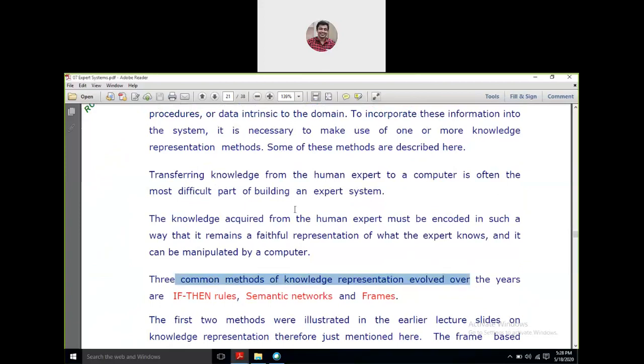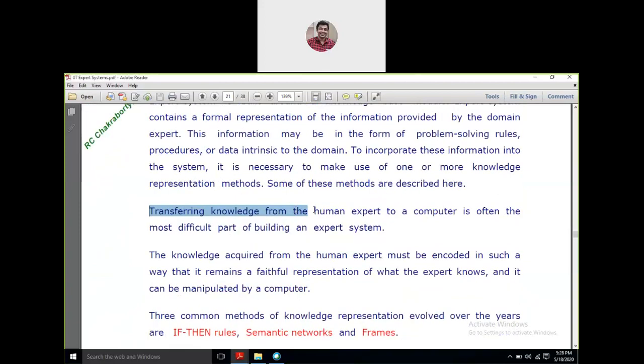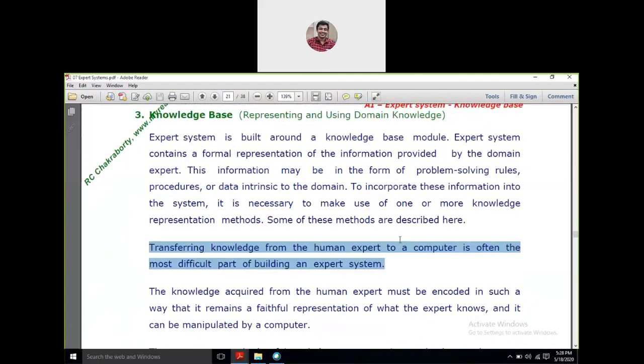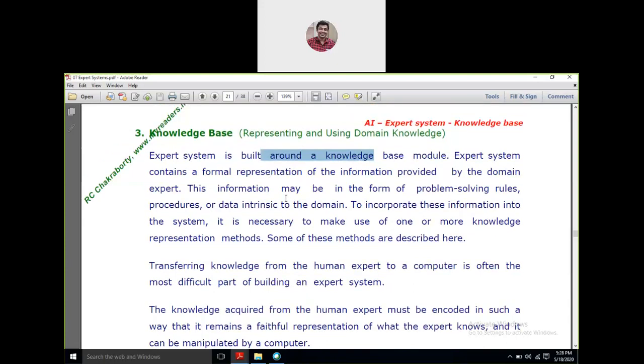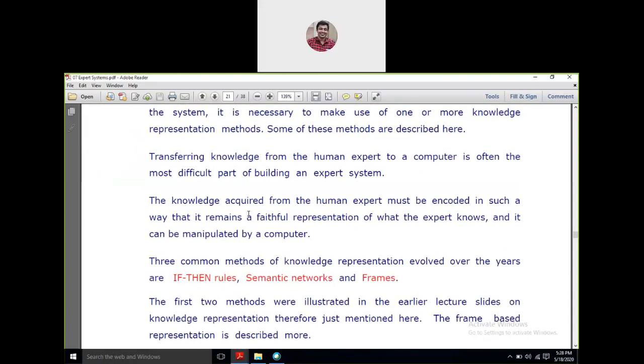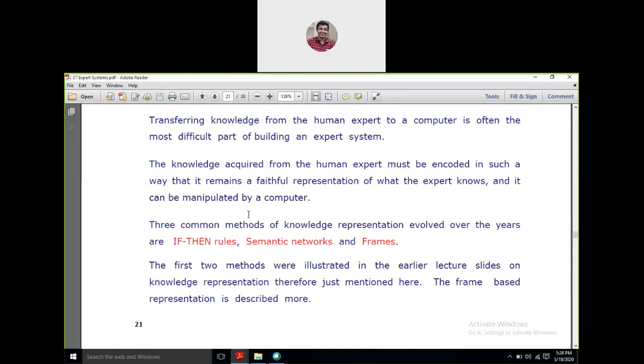They talk about the transferring techniques for knowledge, that means human to computer, to create that particular knowledge base. The heart of the expert system is the knowledge base module, right? And these things were listed earlier.